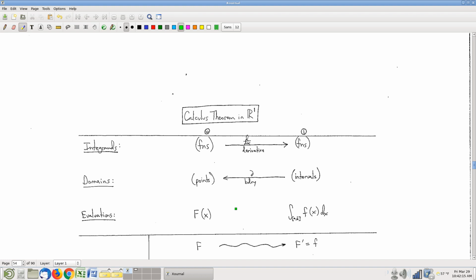Okay, so here's the question I want to ask. This is the question that the fundamental theorem of calculus answers. Here it is. Suppose you have a function there, and suppose you have an interval there. I ask the following question. Suppose you were to take the boundary of the interval, plug that into the function.